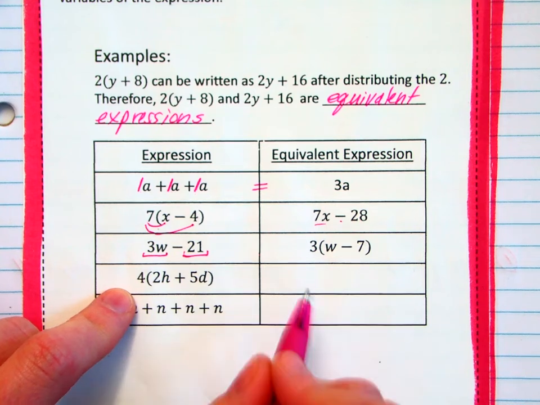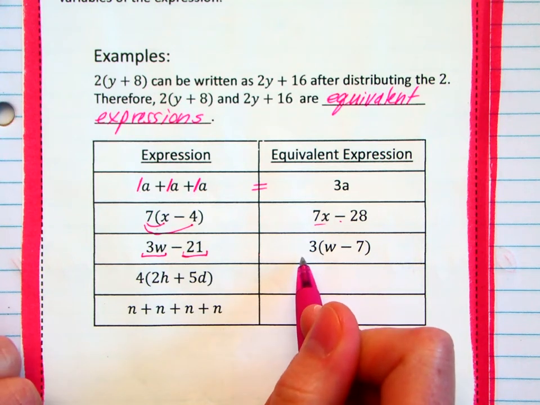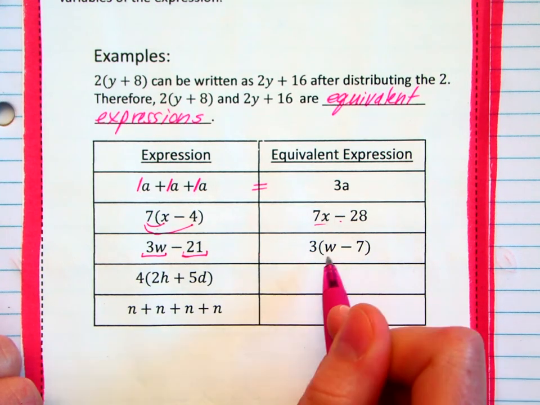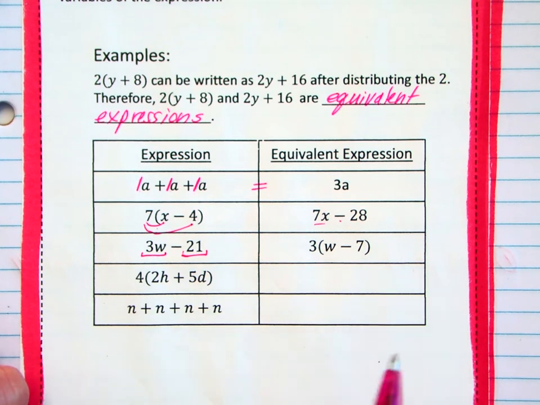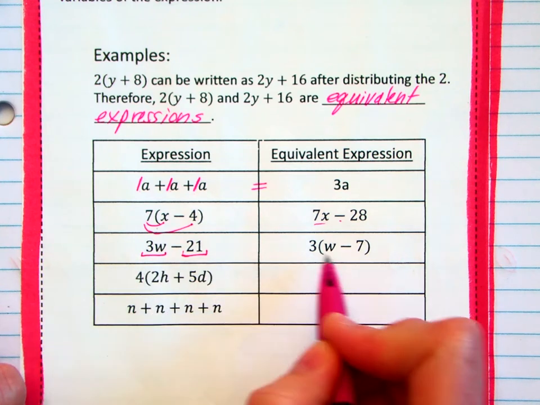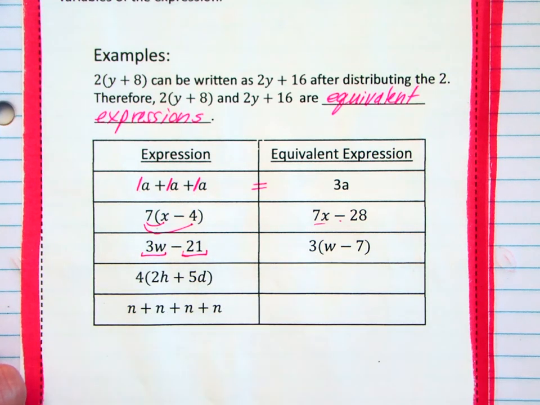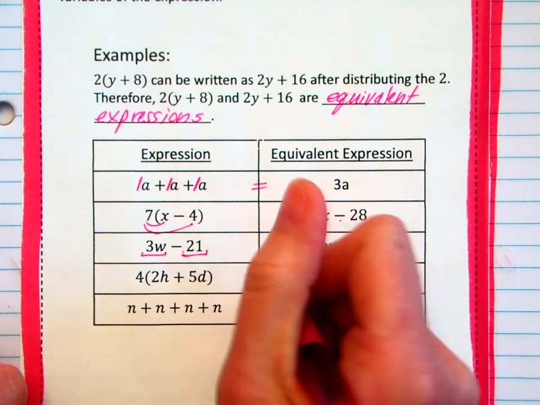So when you work backwards, this is the distributive property backwards. It's called factoring. You're going to pull the 3 out, create some parentheses, and then put the remaining factors inside the parentheses. So to have 3w, you must have done 3 times w. Subtract. To have 21, you must have done 3 times 7. So therefore, these are equal.